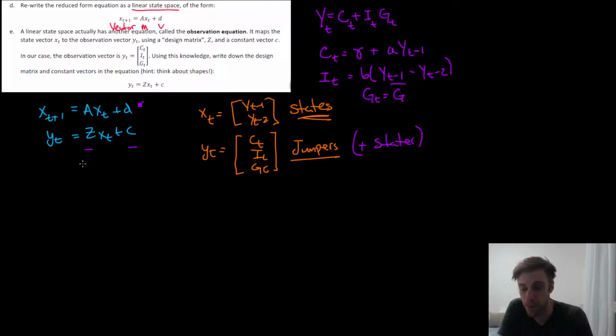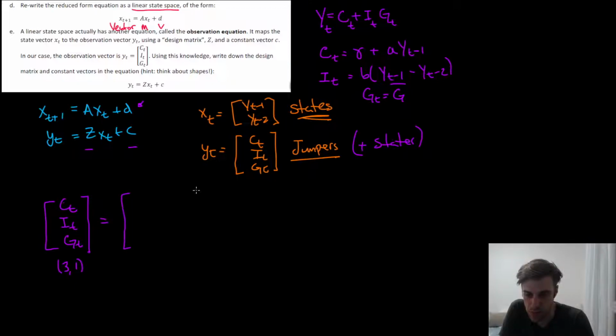Okay, let's do it. The way to do it first is to write down our objects and think about shapes. When you think about these matrix equations, you always start by reasoning about the shapes. So here we have a 3 by 1. We have a 3 by 1, and that's going to be equal to something.